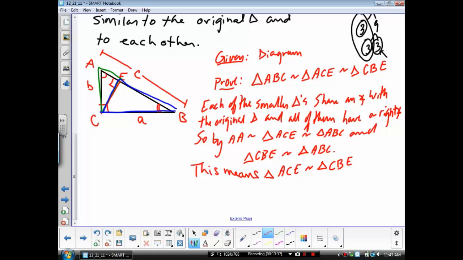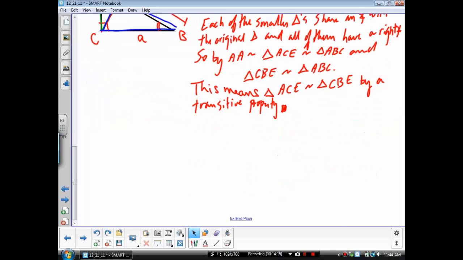If triangles are similar, all their angles are congruent, so by transitive property, all the angles of these two triangles will also be congruent. We have two corollaries now that follow this, that use the fact that these triangles are similar.